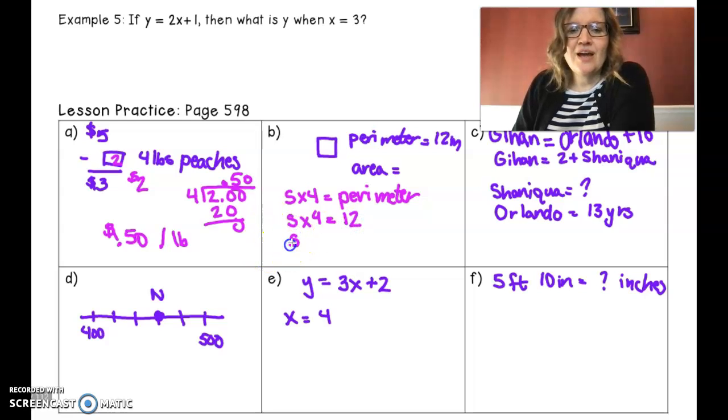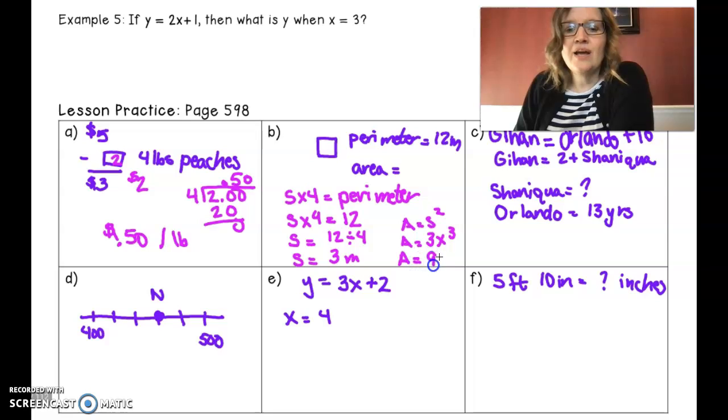And S, that's a side, equals 12 divided by 4. And so our side is 3 meters. Now, if our side is 3 meters, then we know that area equals side squared, or side times side. So area equals 3 times 3, and our area in this situation is going to be 9 meters squared.